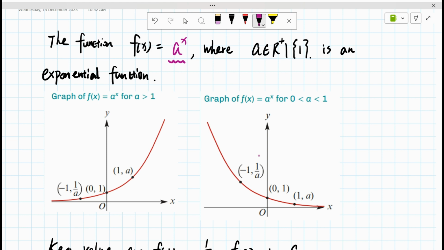And the graph of the function a to the power x when a is from 0 to 1 goes from high to low, which means we still can't have y equal to 0 because we're never going to touch 0.